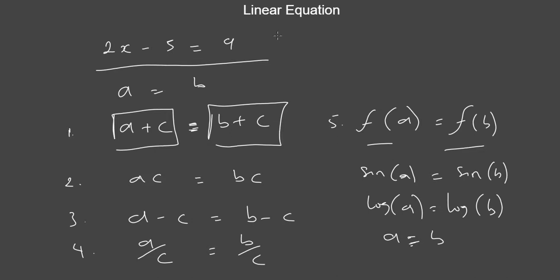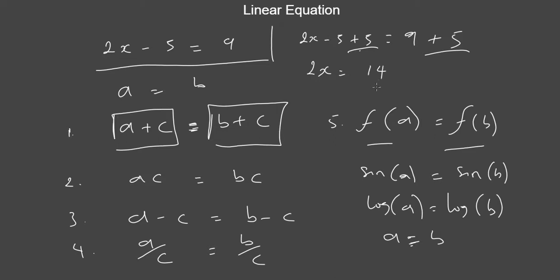In other words, I can say 2x minus 5 plus 5 on this side, then 9 plus 5. Since these two sides are the same, if I add plus 5 here, I'm supposed to add plus 5 here. And by adding plus 5 here, it will cancel out this because minus 5 plus 5 will give you 0. Then you have 2x equals 14.